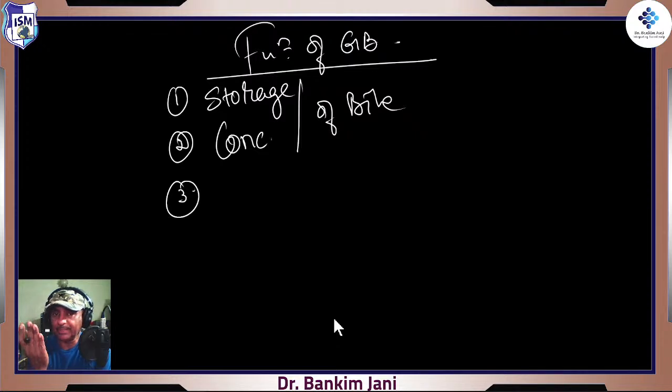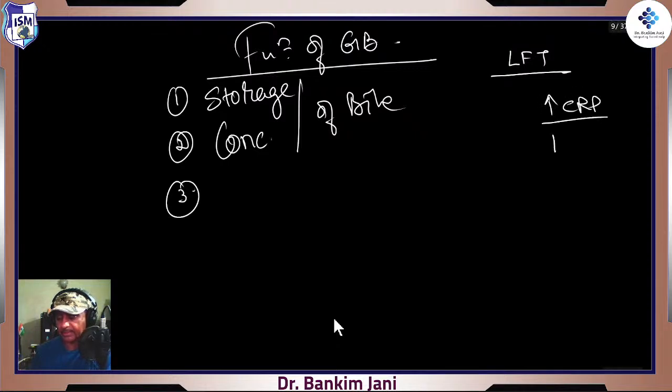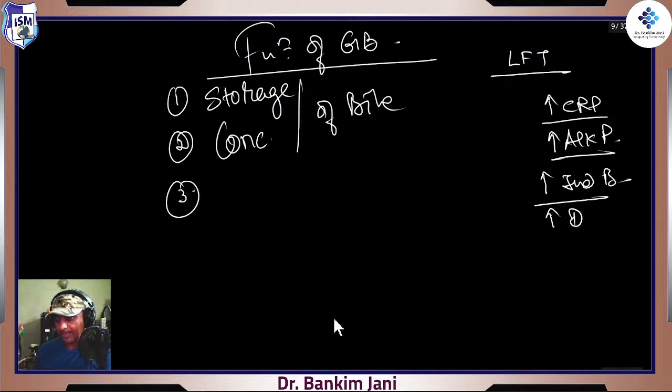Because when we see any LFT, liver function test, and the lipid profile, you'll find these values written. So what exactly do they convey? Sometimes we see that there is increased CRP, C-reactive protein, or increased alkaline phosphatase, or increased indirect bilirubin, or increased direct bilirubin. Now, what exactly are all these things trying to convey?